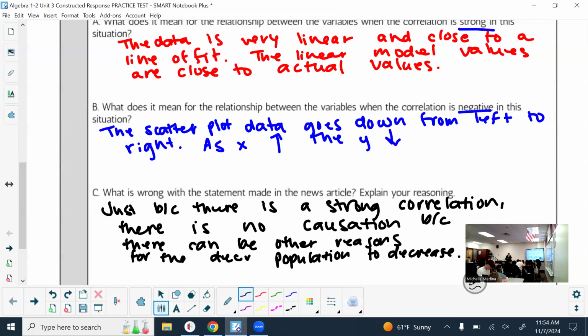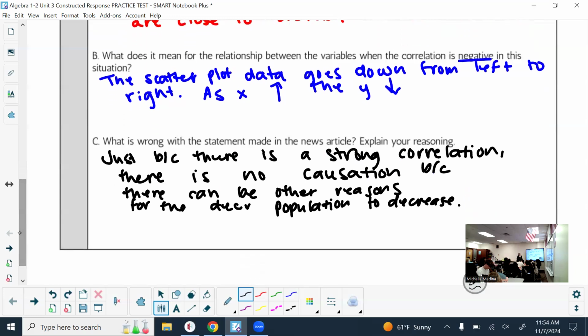All right, so yes, it is predictable when it's strong, but there can be strong correlations without causation. So if you're ever in doubt, it's probably not a causation.